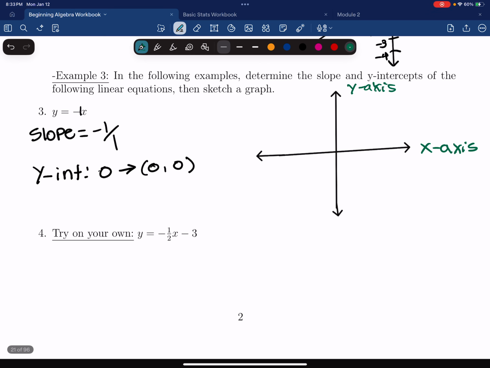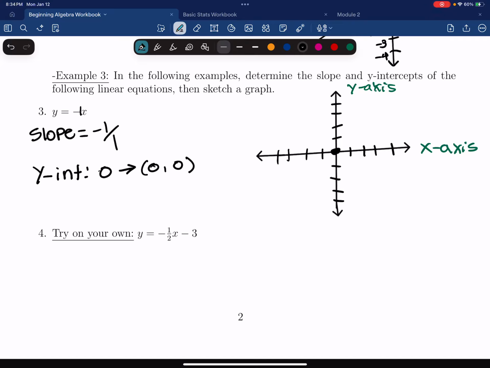Our slope is negative 1, or in other words, negative 1 over 1. And our y-intercept is at the point 0, 0. So this is our y-intercept. And I'm going to draw some dash marks. 1, 2, 3, 4. 1, 2, 3, 4.